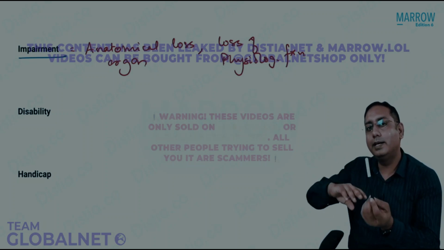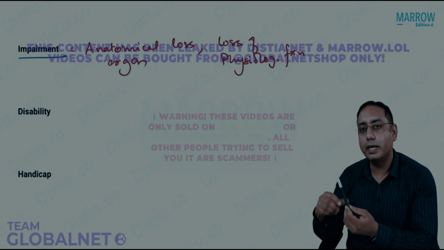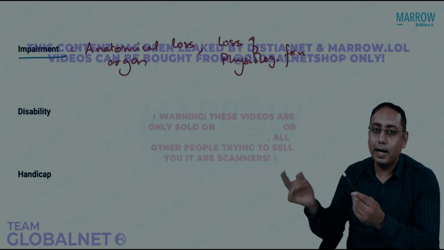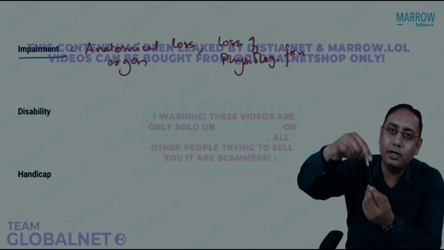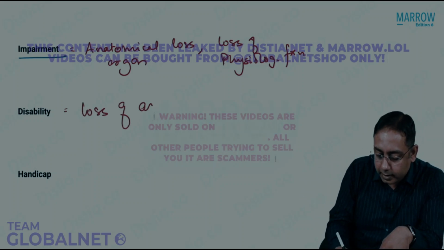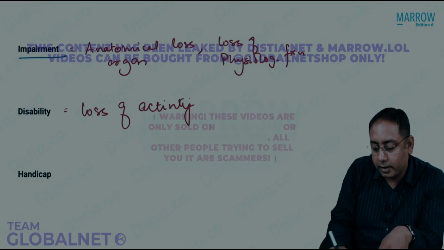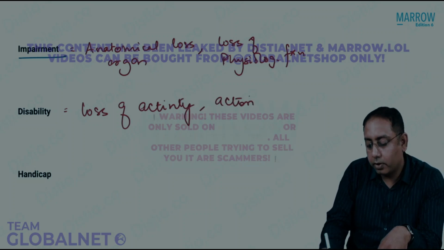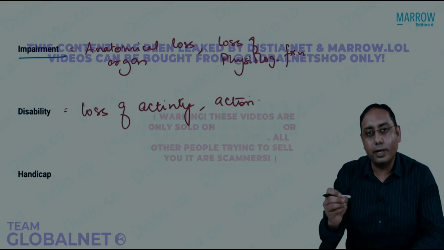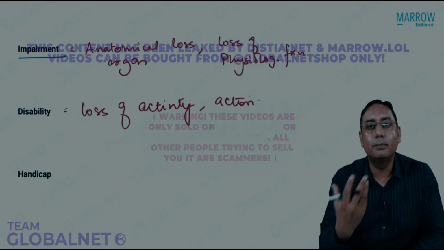That person was disabled to write. We don't say impaired to write. He has an impairment of losing fingers, and which caused a disability to write. So disability is loss of activity. Try understanding. It is a loss of activity or loss of action, a verb that you are writing, running, jogging, seeing. So all these are disabilities.